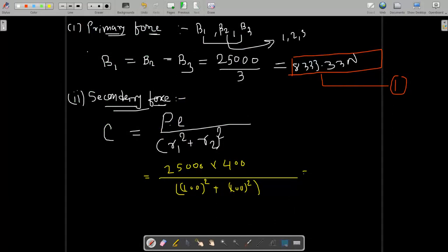So when you solve this, 25,000 multiplied by 400 divided by 2 times 100 square, this will get cancelled out.